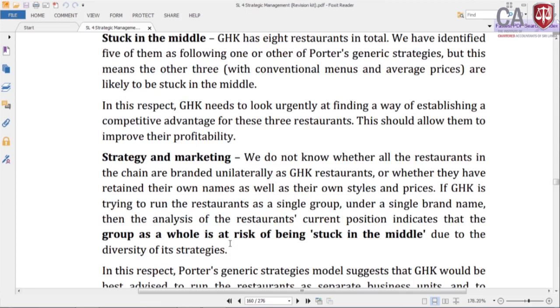In this respect, GHK needs to look urgently at finding a way of establishing a competitive advantage for these three restaurants. This should allow them to improve their profitability.